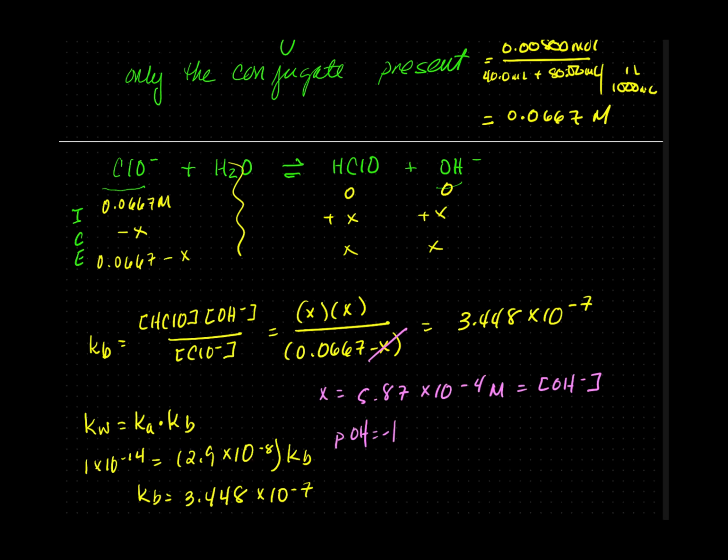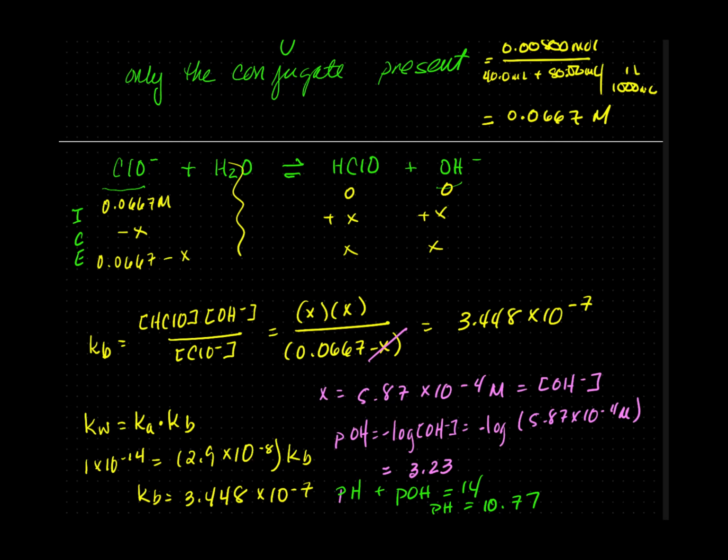It's going to be negative log of OH minus. This is negative log of 5.87 times 10 to the negative 4 molar, which goes to 3.23, but we need to find pH, and the relationship between pH and pOH is pH plus pOH equals 14, so pH is 10.77.